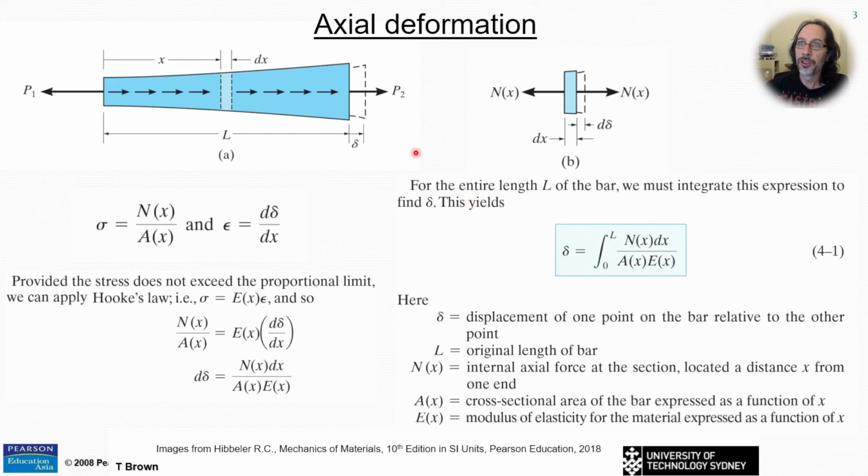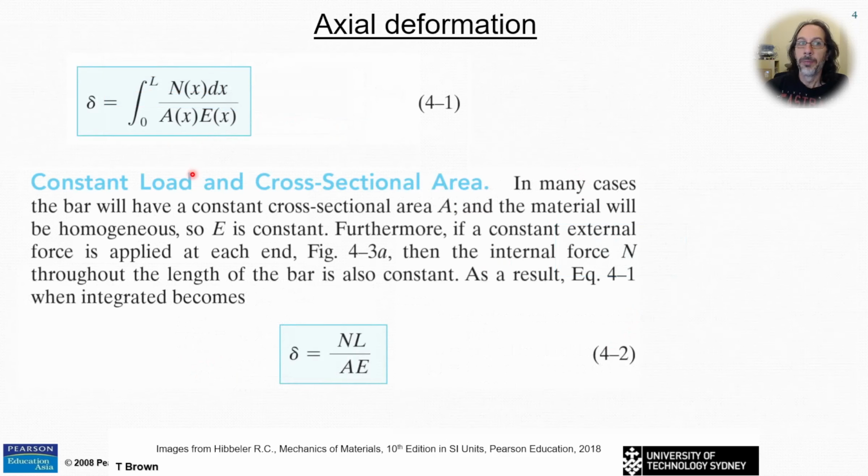But if we want to know the change in length, delta, of the entire bar or rod that's loaded with these two forces here, then we need to integrate this expression over the whole length. If we have constant load and constant cross-sectional area, then we can take the normal force outside the integral because it's now constant.